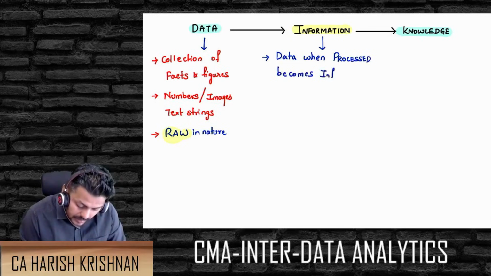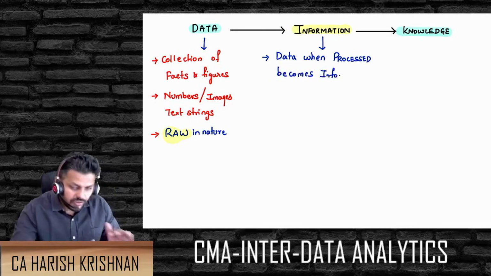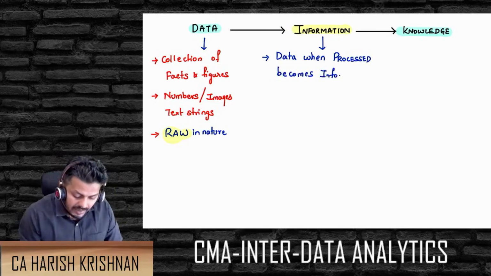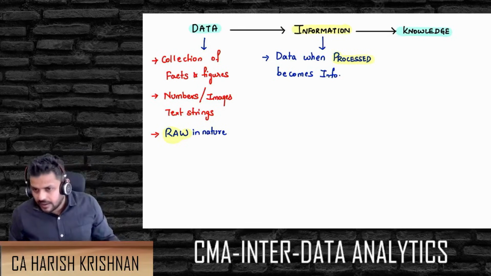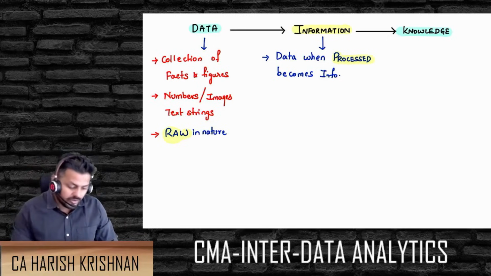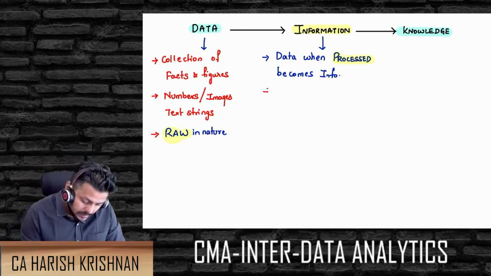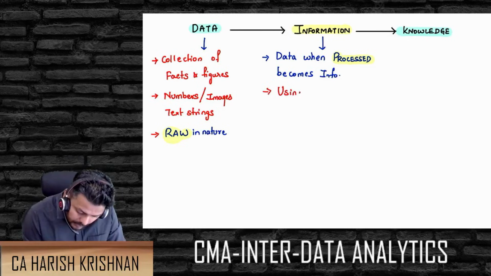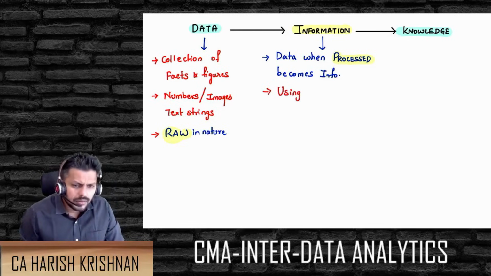That is the elevation, one step above what is data. A very neatly processed form of data is only called information. Now you can do it using computers, right?